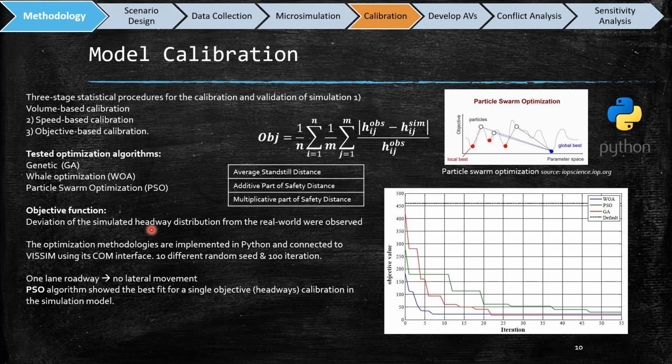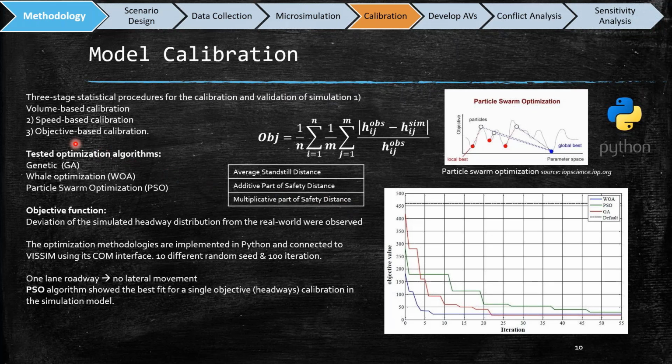In recent studies, various optimization algorithms on Vissim models were investigated and proposed in detail to calibrate and validate Vissim parameters, particularly for urban roadways. These are the most sensitive parameters of the car following model in Vissim, as many of you are familiar with. It's Wiedemann 74, used for conventional vehicles in urban areas.